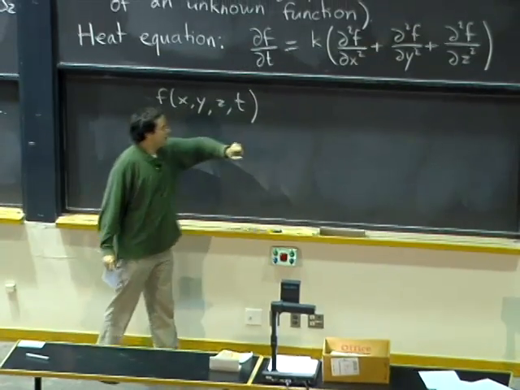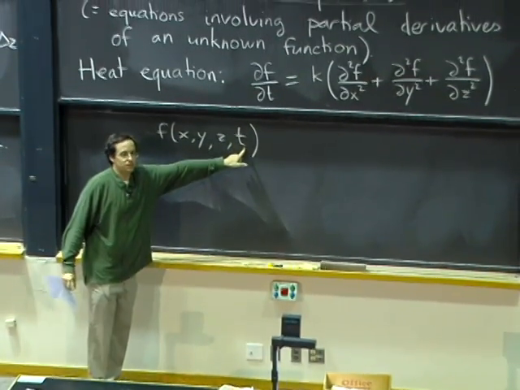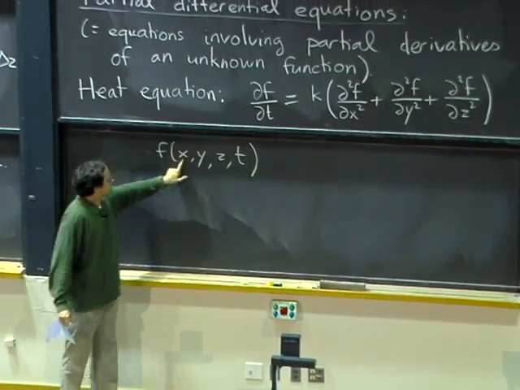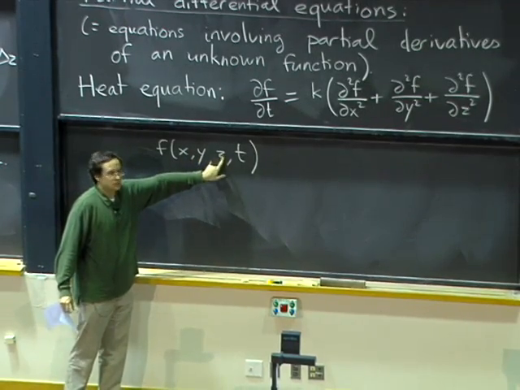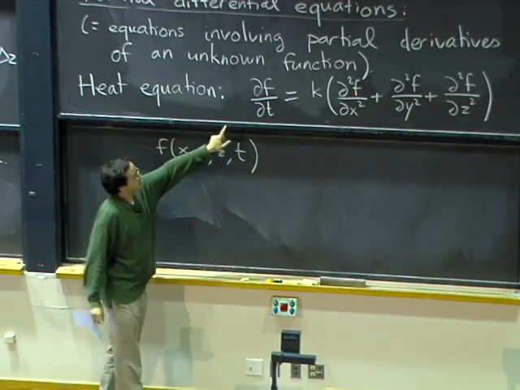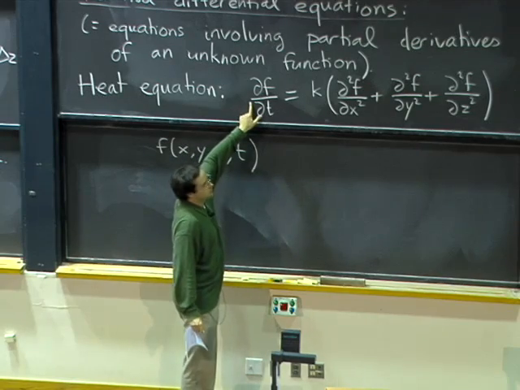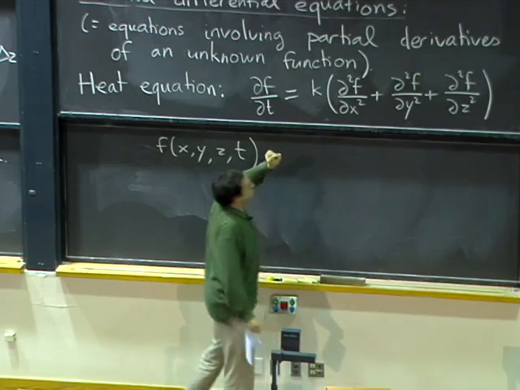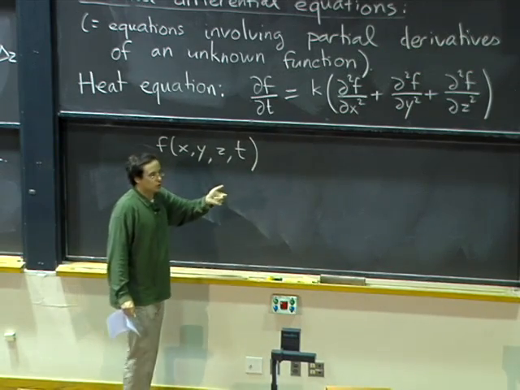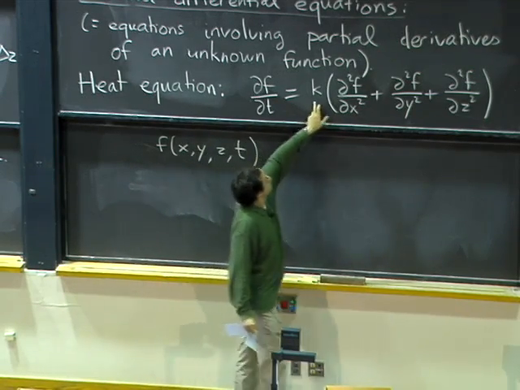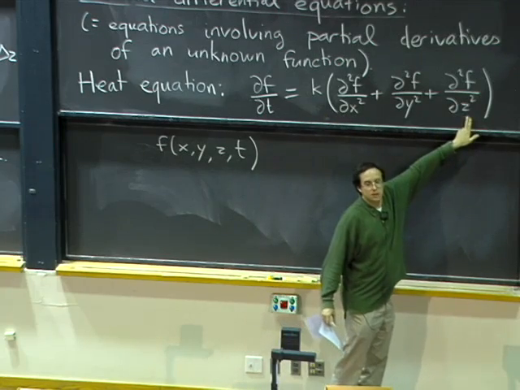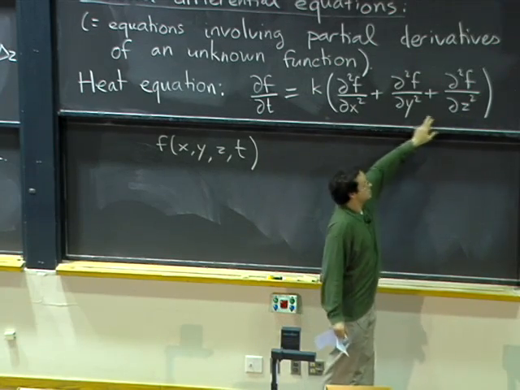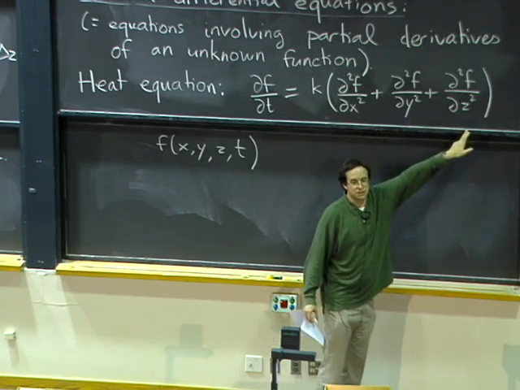So if you think that f of x, y, z, t will be the temperature at a point in space at position x, y, z, and at time t, then this tells you how temperature changes over time. It tells you that at any given point, the rate of change of temperature over time is given by this complicated expression in the partial derivatives in terms of the space coordinates x, y, z.